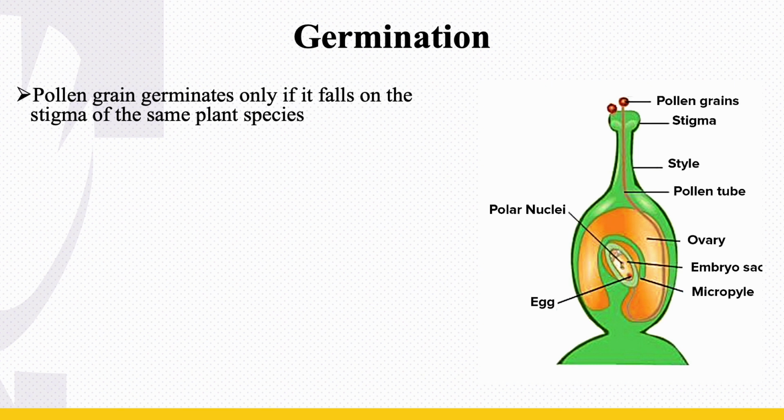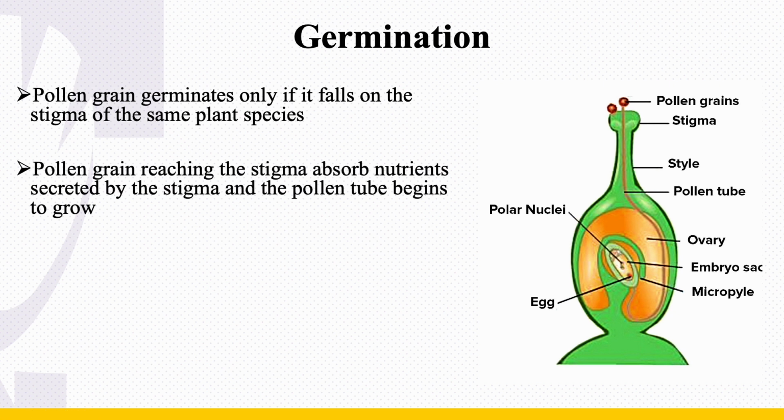If pollen grain from another plant falls onto the stigma, then nothing will happen because there are these receptors in there that tell if it's at least of the same plant species, and then also if it is of the same plant or a different plant. So for this one, it's really just that it's the same plant species.